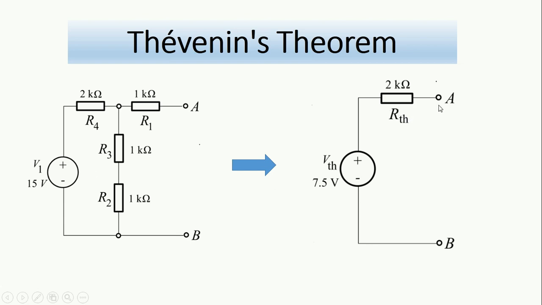Now if we put any load across these two terminals A and B, it is simple to find the voltage across this load and also the current. This Thevenin equivalent circuit is exactly like a voltage source for us, and R Thevenin can be seen as the internal resistance of this circuit.